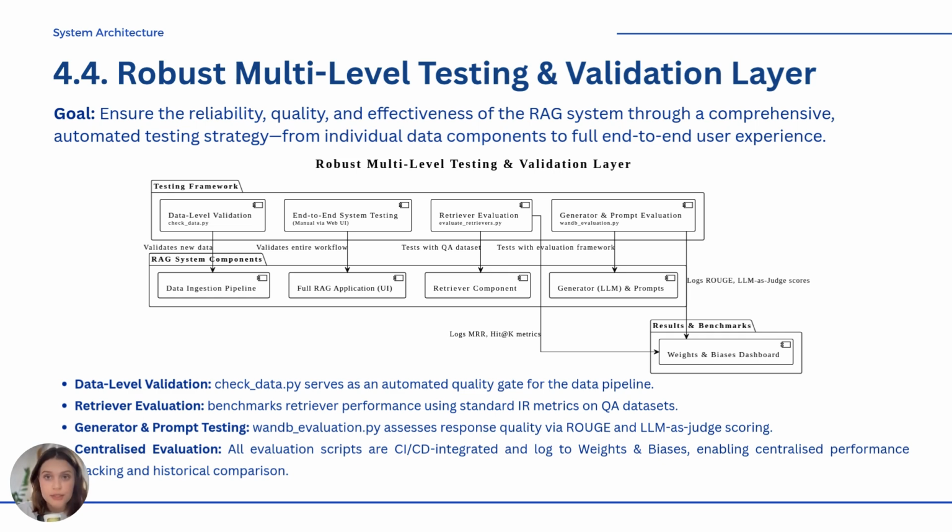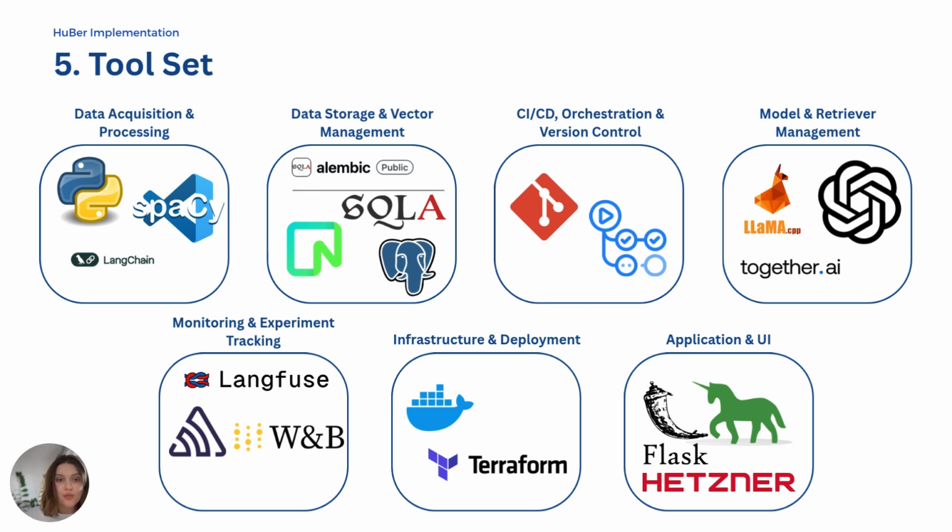So the Huber toolset powers the RAGOps implementation end to end. We have Python, spaCy, and LangChain for ingestion, chunking, tagging, and formatting. We have PostgreSQL that handles structured storage, SQLAlchemy and Alembic for schema and migration management. We have Qdrant for vector search.